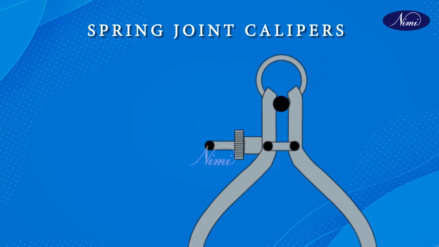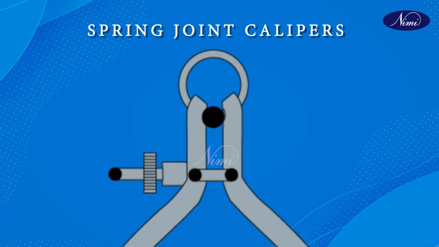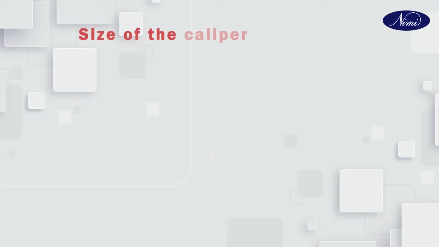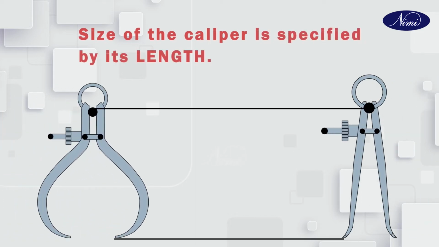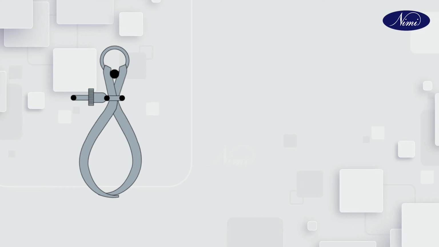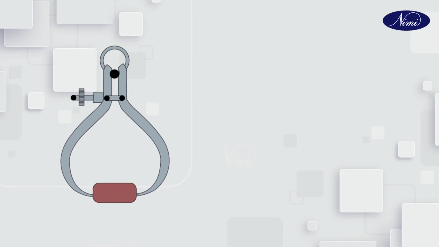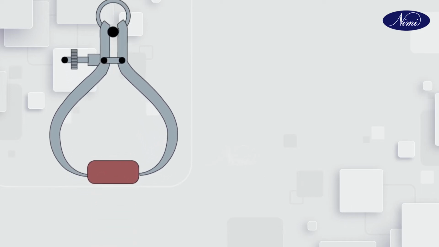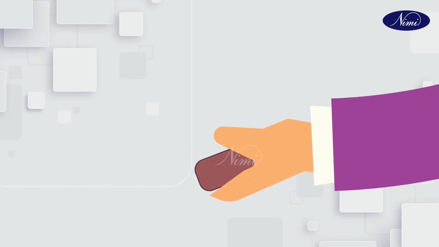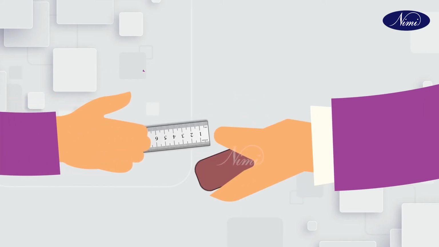The setting made will not change unless the nut is turned. The size of a caliper is specified by its length, which is the distance between the pivot center and the tip of the leg. The accuracy of the measurement taken depends very much on the sense of feel or touch while measuring the job.